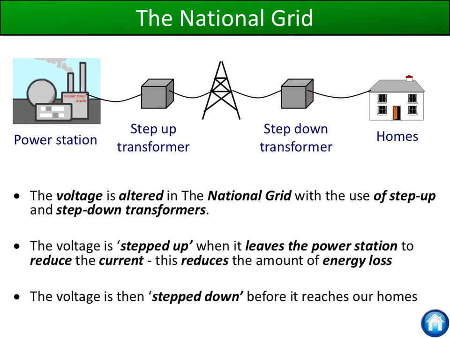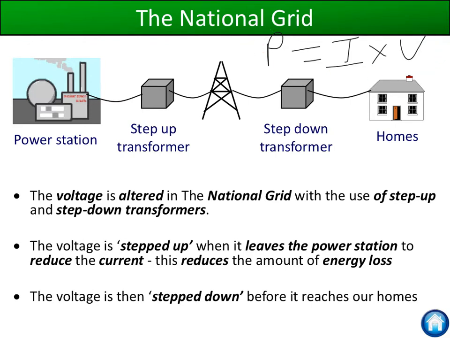The job of the step-down transformer is to reduce the voltage and increase the current so it's safe for our homes. This works on the principle of power equals current times voltage, which is shown here.